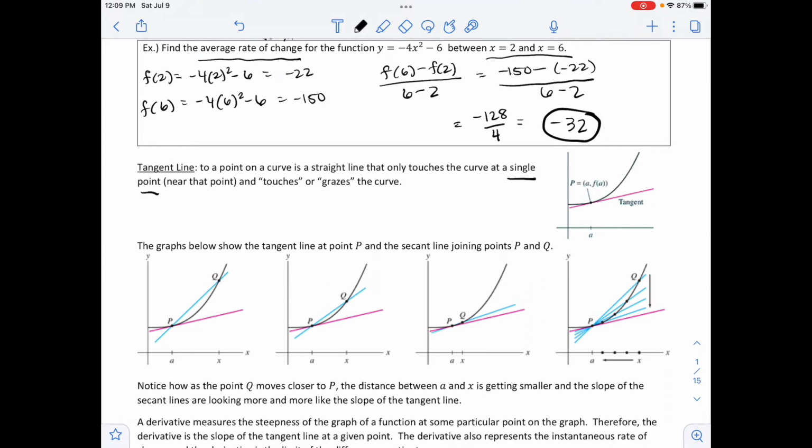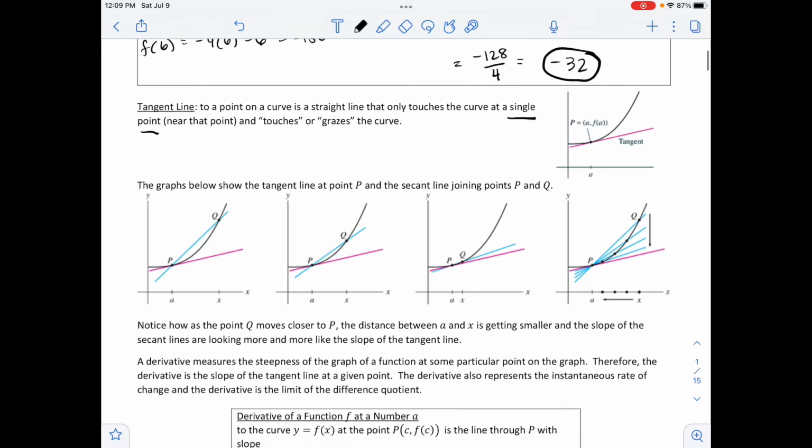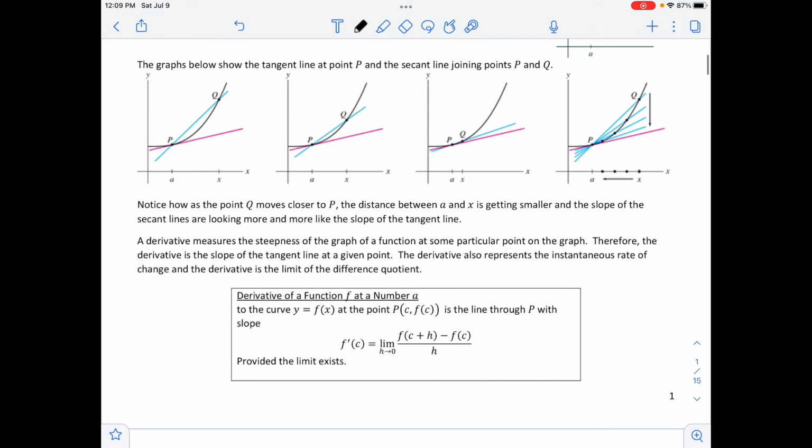So the graph below shows the tangent line at point P and the secant line joining together P and Q. And so in the first graph that we have, you'll notice that your secant line and your tangent line are very different. But as point P and point Q get closer and closer together, your secant and tangent line become more similar to one another.